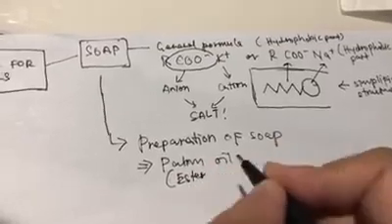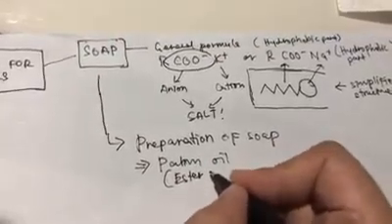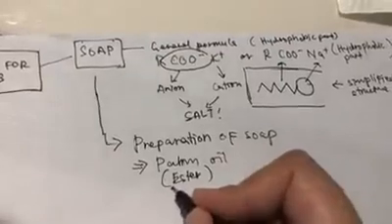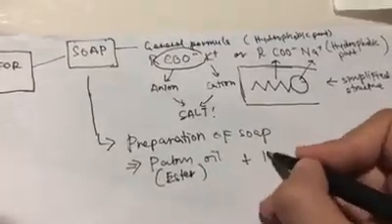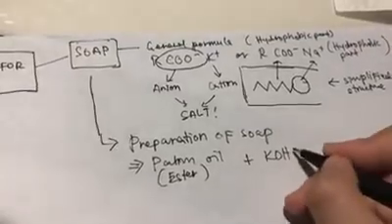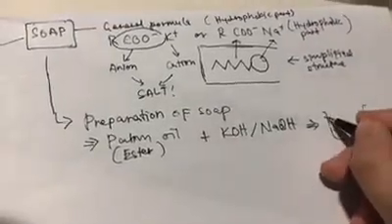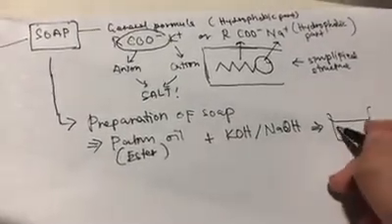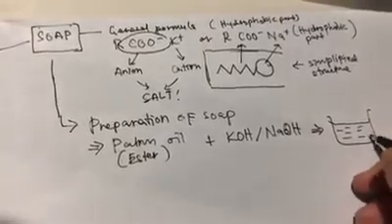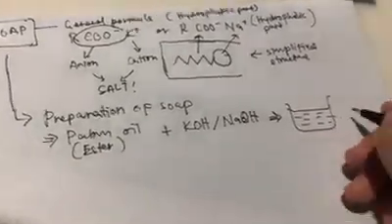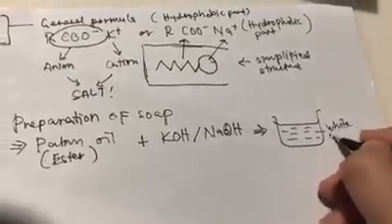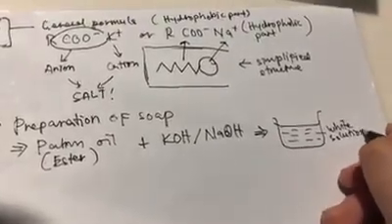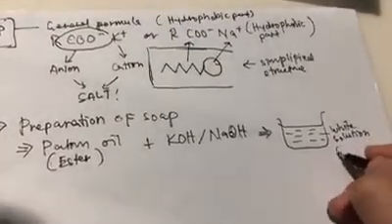We use it for cooking, and it's actually a type of ester. And we mix it up with a strong base. For example, potassium hydroxide or sodium hydroxide, because we want to introduce potassium and sodium ion into the solution. So this will produce a white solution.